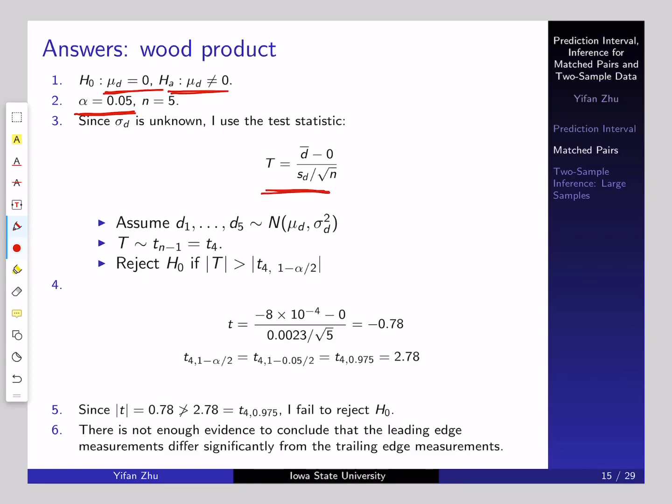Sigma d is unknown, and the sample size is small. We only have 5 observations. So we assume that these 5 observations are independent and from the same normal distribution. Then the test statistic will follow a t distribution with 4 degrees of freedom.